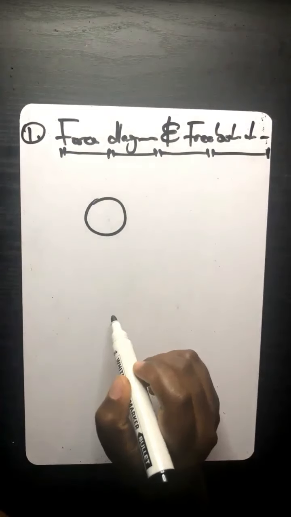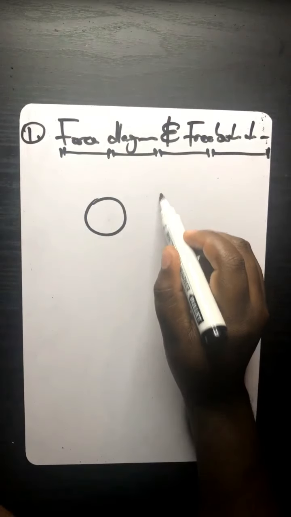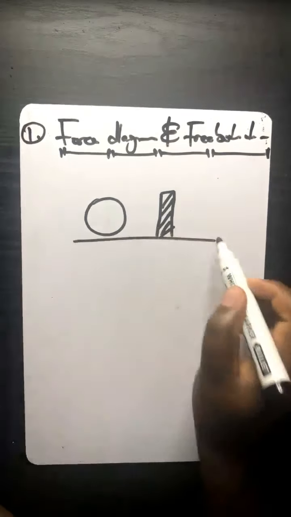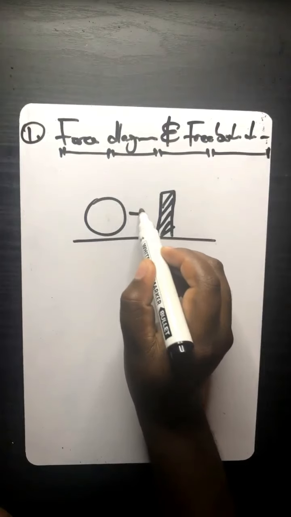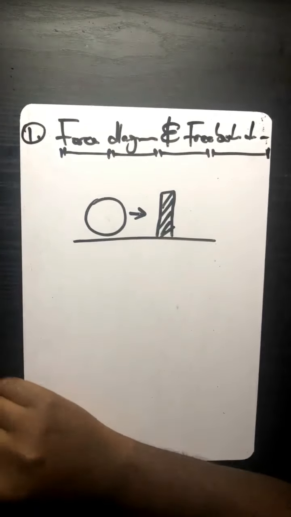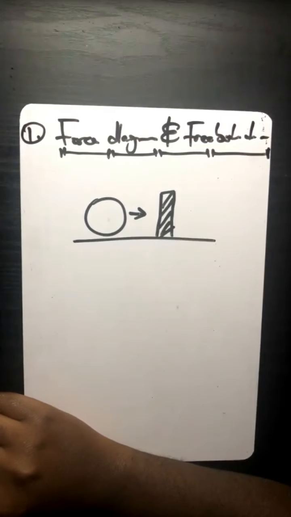Let's say we've got a ball, and again we've got a wall. Maybe this is a ball which is being hit in that direction to hit that wall. So listen to this very carefully.